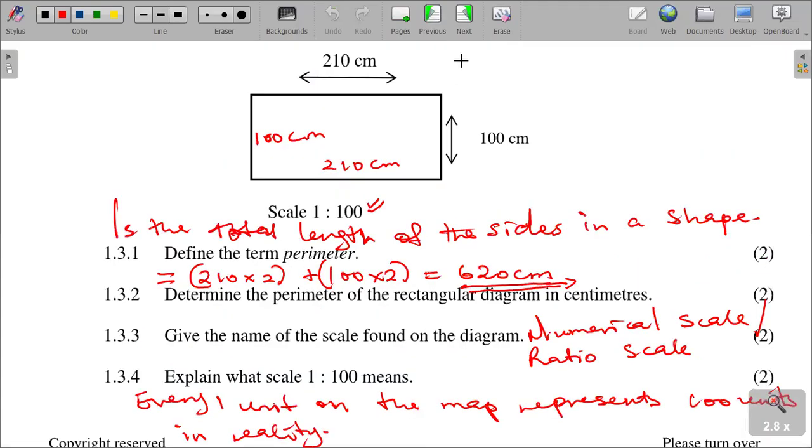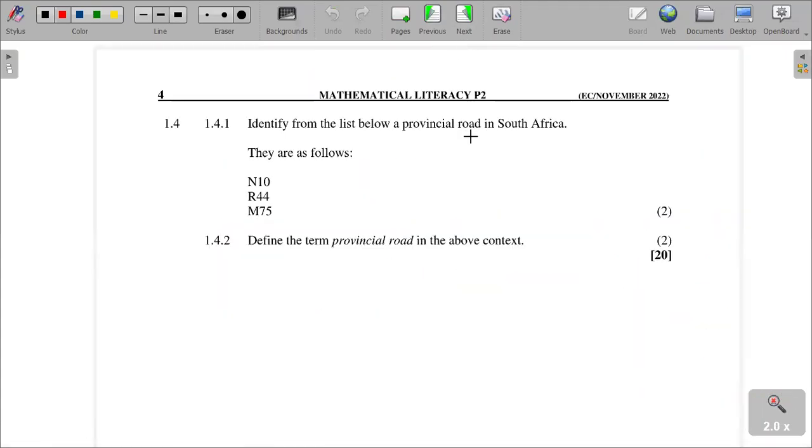I don't know what happened with this question here. 1.1.4 is saying identify from the list below a provincial road in South Africa.